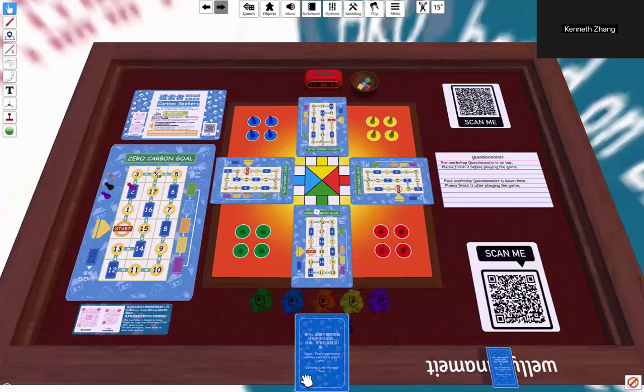So it seems like this is a behavior that is not environmentally friendly, so it will increase your carbon footprint. Therefore, you lose the next turn. So this is a negative event, but it happens.